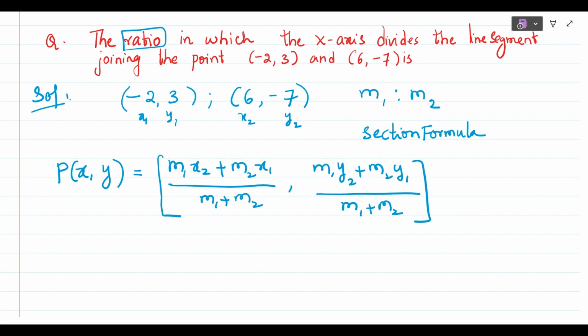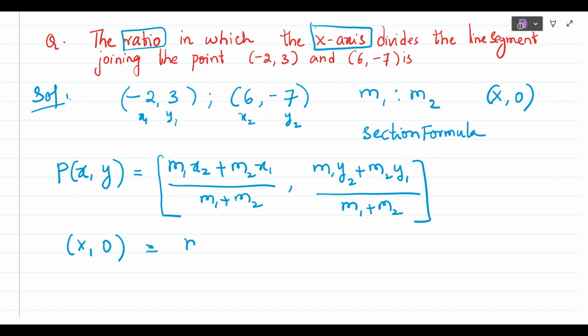Here the x-axis is dividing the line. The points on the x-axis, what will be the coordinates? X will be there and y will be 0. So P of x y will be x comma 0. Did you understand, students? So what is m1?